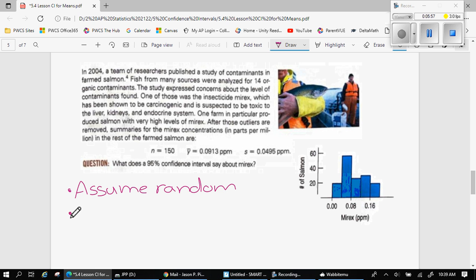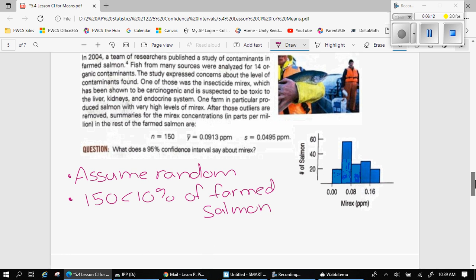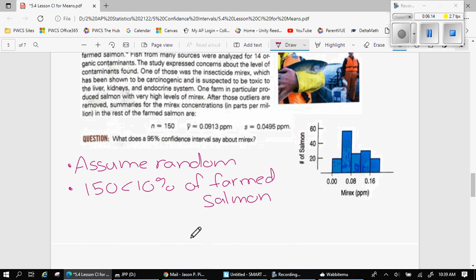We need independence. I would say that 150 is less than 10% of all farm salmon. And then we need to make sure our sample size is large enough and our sample distribution is a good shape. 150 is a good size sample.